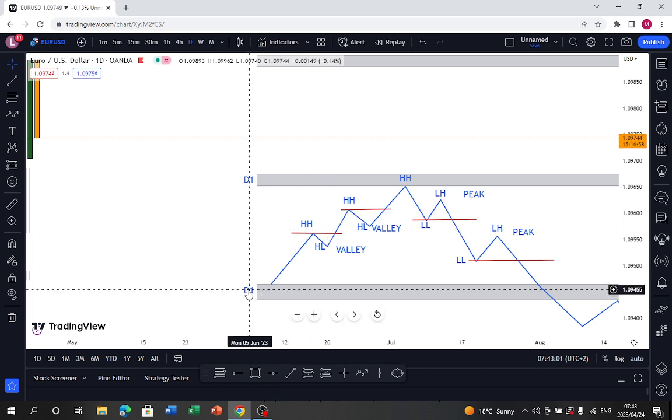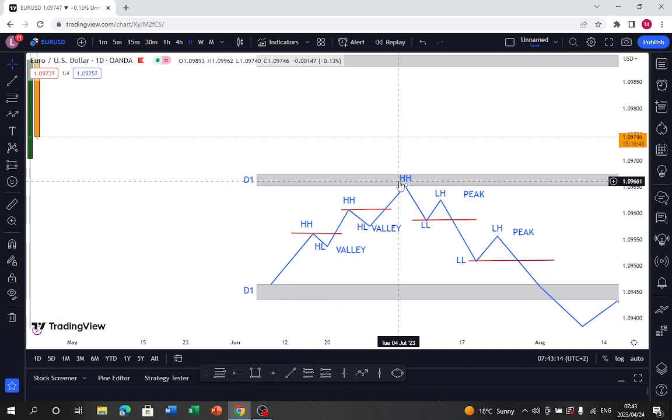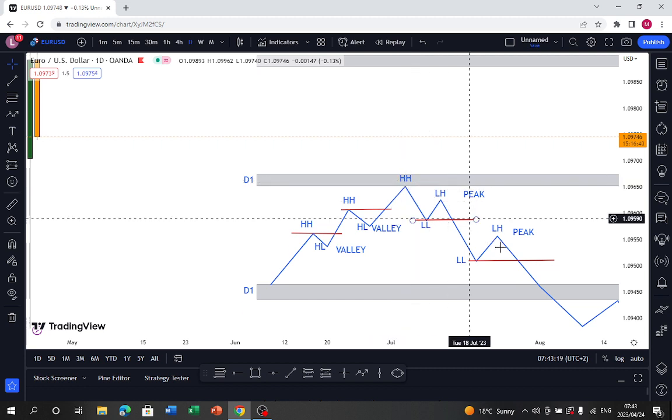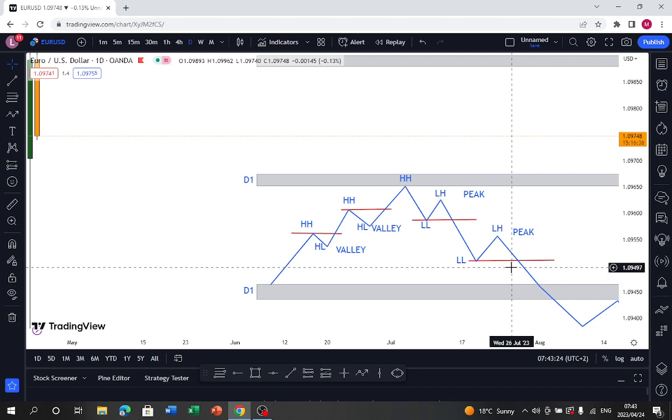From a daily support, I'm going to repeat myself, guys, because this is very important. From a daily support, we're going to move to the daily resistance. From a daily resistance, we're going to move to a daily support. I don't know if that makes sense, but here's the thing now.